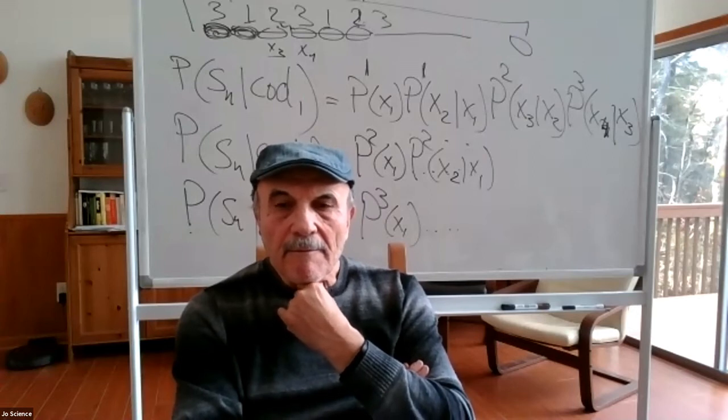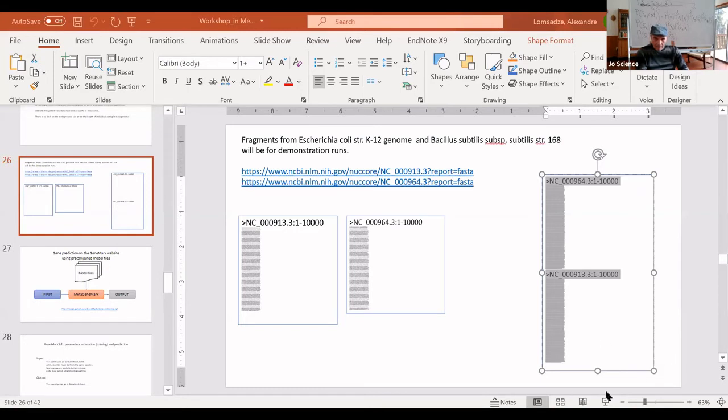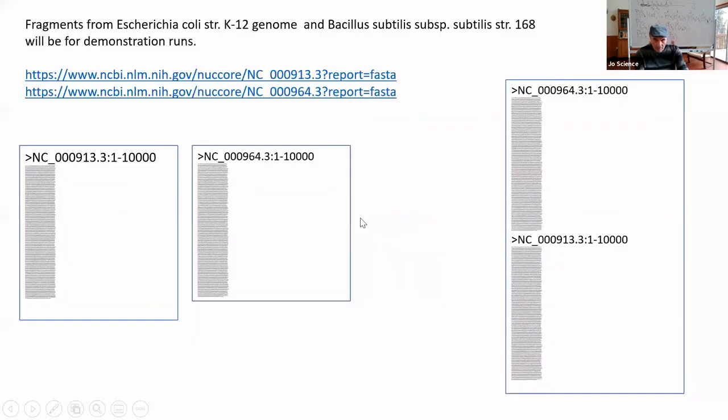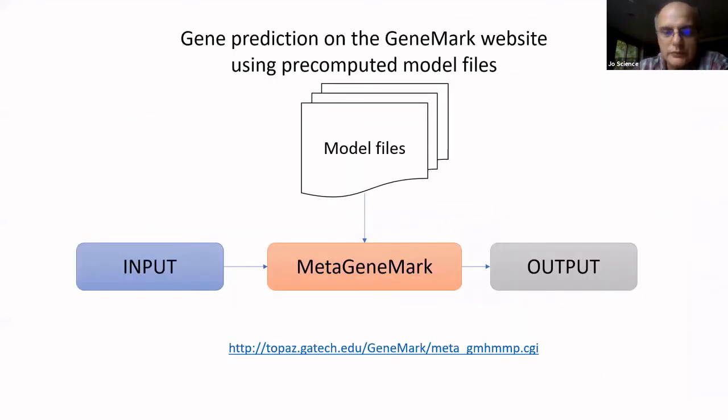Okay, so we are back to the presentation, and we are looking again at this general concept: input, model, output. With GeneMark, you don't even see model files. It's just somewhere in the background, all done, so you will see an output and prediction.